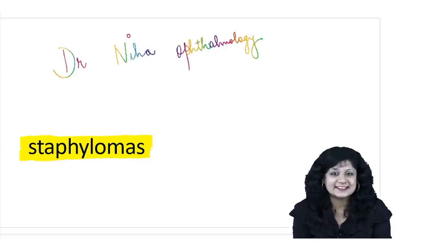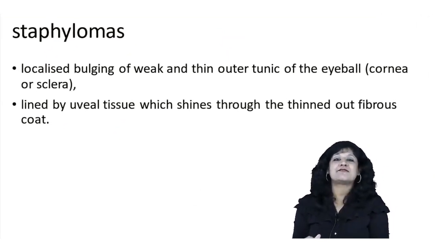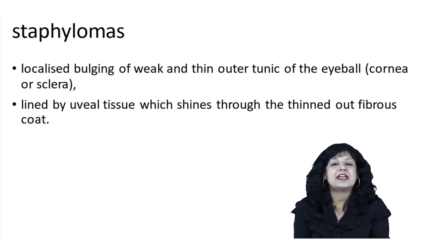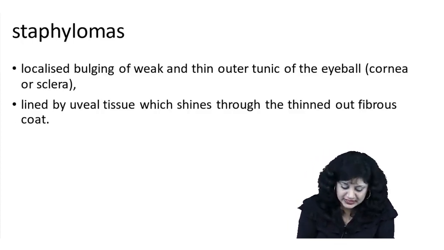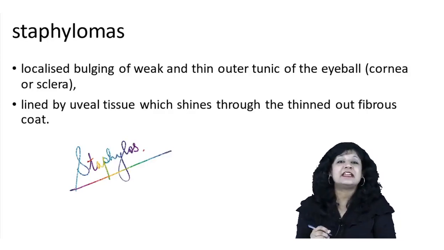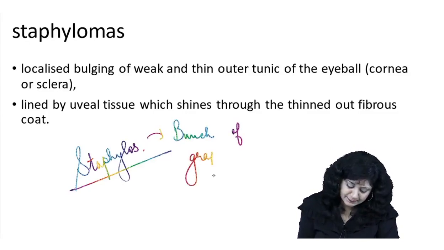So let's get started. First of all, what is actually a staphyloma? What do you mean by staphyloma? This word staphyloma comes from the word staphylos, and the meaning of staphylos is the bunch of grapes appearance.